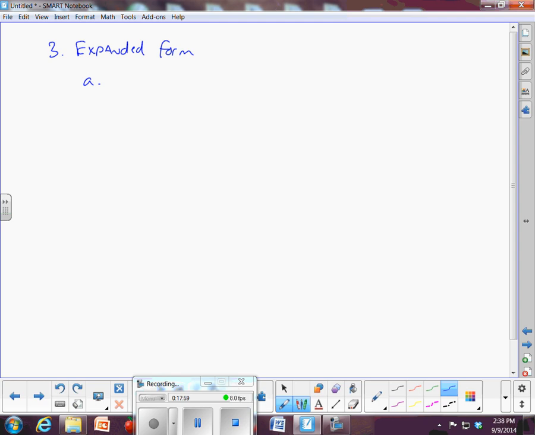Suppose we had something like this, 11 to the third power. Usually we say 11 cubed. It's the same as 11 to the third power. So again, we understand that an exponent tells you to multiply the base times itself 3 times, right? So this is going to be 11 times 11 times 11.